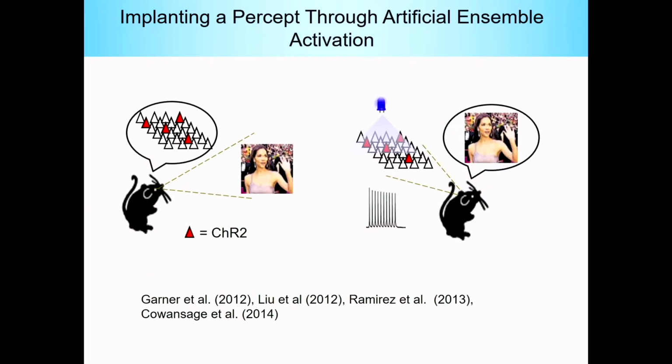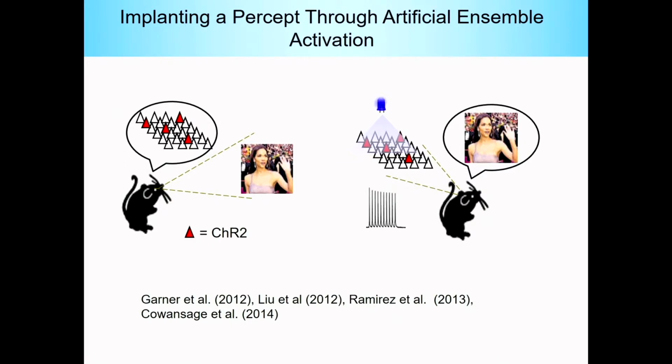And I won't go through this because I wanted to talk about some newer stuff, but suffice it to say that there are a series of papers from our lab, from the Tonegawa lab, using this technology to basically show that if you artificially fire a group of neurons, so in an experiment sort of like this, you show the animal something. I'll just stick with Halle Berry, although of course we don't use that in the mouse.